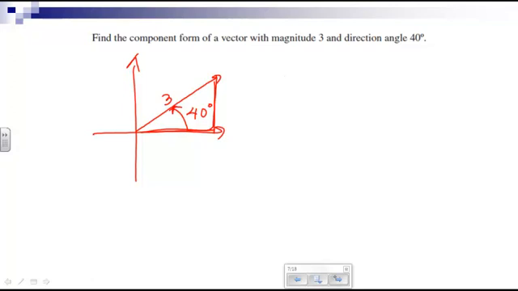Well, the x component is going to be here. See, that's an adjacent side, and 3 is the hypotenuse. I would say that adjacent over hypotenuse would equal the cosine of 40 degrees.